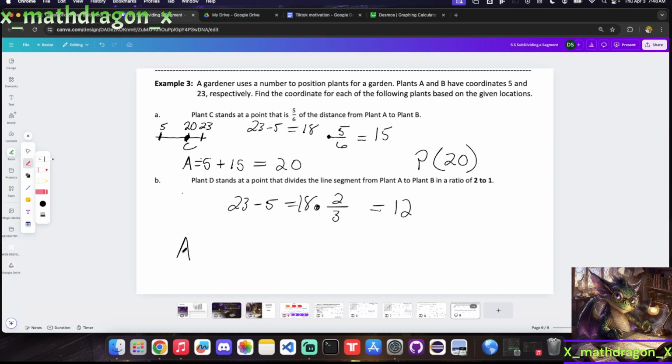So we'll take our A again, which was 5, add 12 to it. So we did our 12 jumps. Let me label this jumps. And that gets us our position at 17. So on our number line, if we started here at 5, and then here is 23, plant D now would hit at 17.